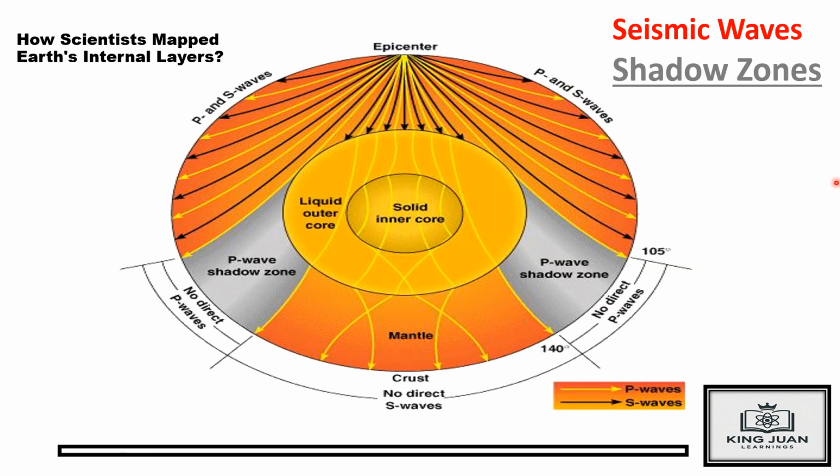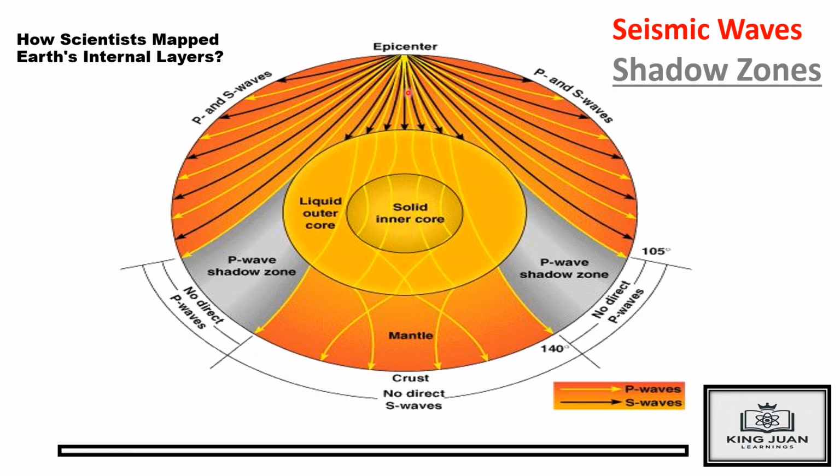Seismic waves, particularly P waves and S waves, create shadow zones due to the Earth's liquid outer core. P waves, which can travel through solids and liquids, are refracted or bent by the core, creating a P wave shadow zone.